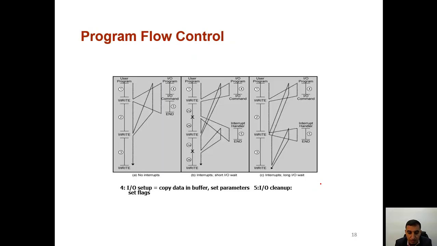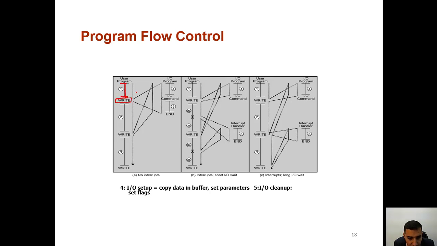This is the flow diagram of the control system, and in this flow diagram you have a program which has no interrupts. In this program, an input output operation happens after instruction 1. After instruction 1, we want to do a write.